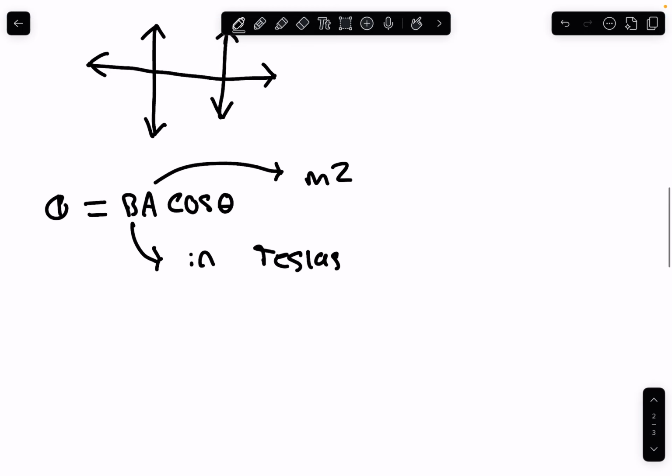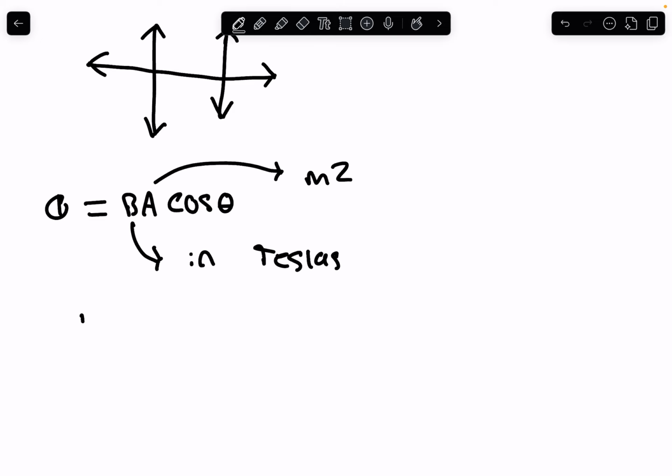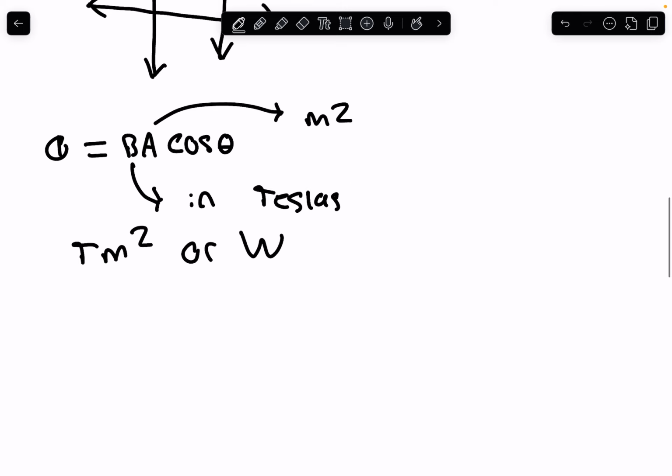So it is the total magnetic field in a given area. Its units are either Tesla meter squared, combining both units, or a new unit, which you don't have to know, Weber, denoted by a large W.